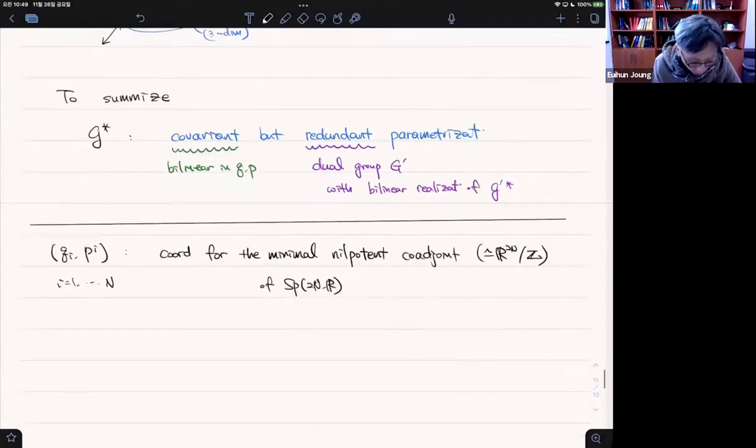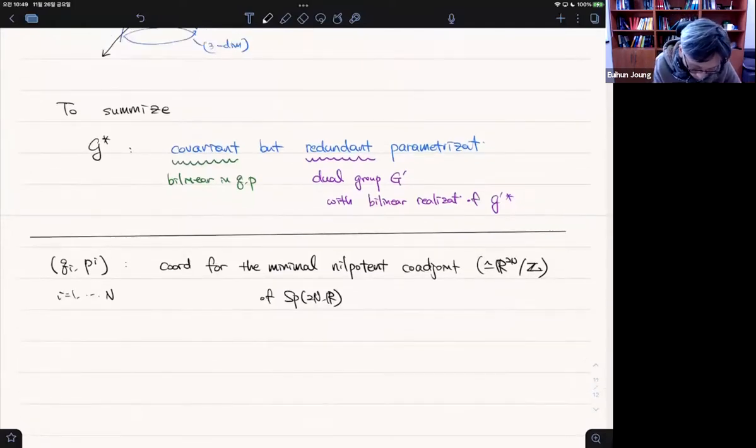And then what we get is that all of this Sp(2N,R) is realized as bilinears in Q and P, but among those there are the covariant things, which is G, our space-time symmetry in this example, and there is a dual thing, which is also realized as bilinear. Any bilinear is in Sp(2N,R). So in this way, Sp(2N,R) contains both of these groups G and G prime.